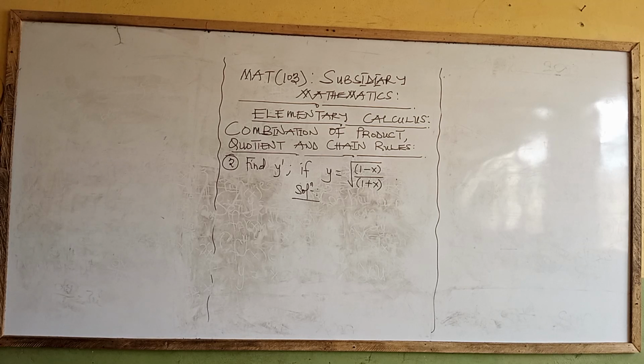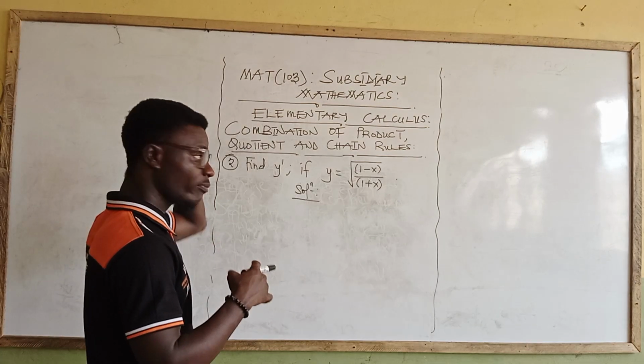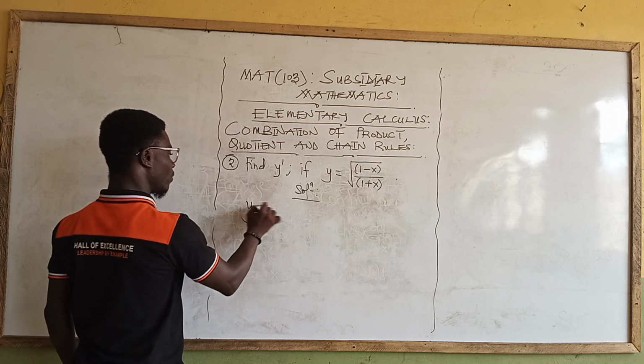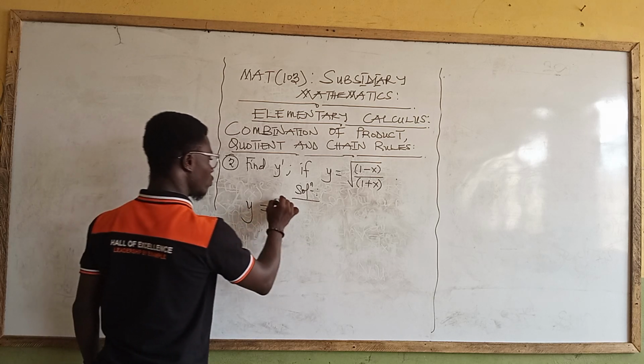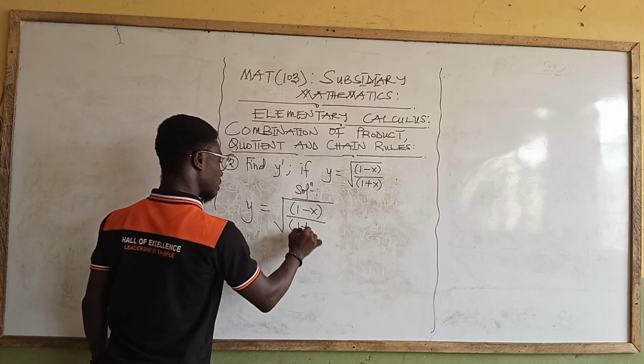Alright, so let's see question 2. It says find y prime if y equals the square root of (1 minus x) all divided by (1 plus x). So now let's see how best we can write this. You have to relax. You don't have to rush in doing things here. So I get my y, which must be equal to the square root of (1 minus x) all over (1 plus x).